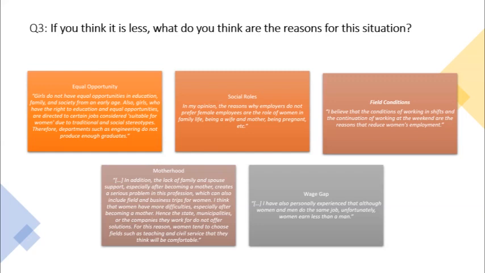And the other one is social roles. In every society, we have social roles, and they are strictly divided. Women in family life are expected to be a good wife, a good mother, and so on. Also from the employer side, these conditions are a struggle, because if you have a child, you don't want to go on a business trip, for example.